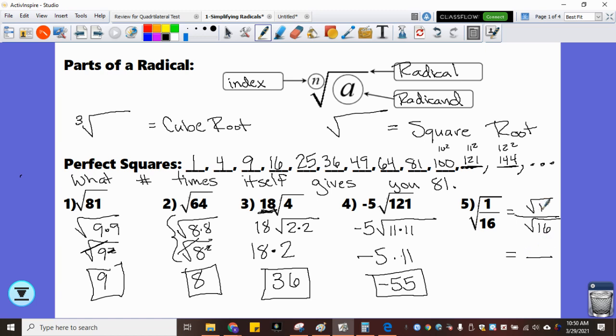So 1 times 1 gives me 1, and 4 times 4 gives me 16. So the square root of 1 is 1, so my 1's on top. And the square root of 16 is 4 times 4. So it's 4.